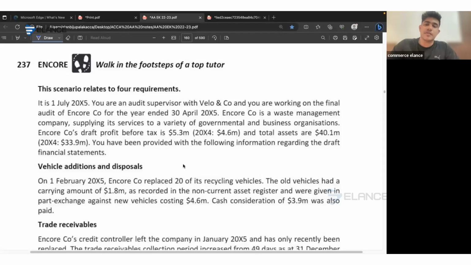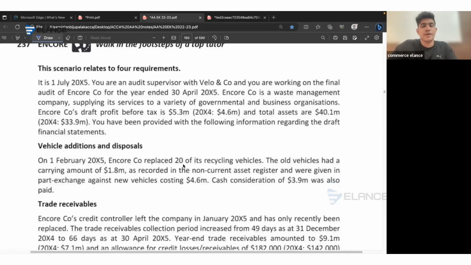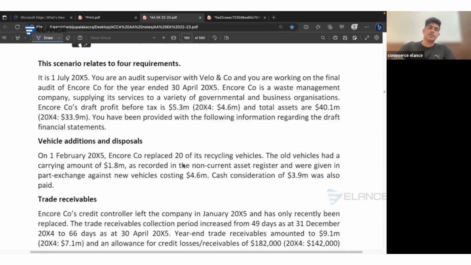You have been provided with the following information regarding the draft financial statements. Vehicle additions and disposal. On 1st February 2015, ENCORE company replaced 20 of its recycling vehicles. The old vehicles had a carrying amount of 1.8 million as recorded in the non-current asset register, and were given in part exchange against new vehicles costing 4.6 million. Cash consideration of 3.9 million was also paid.